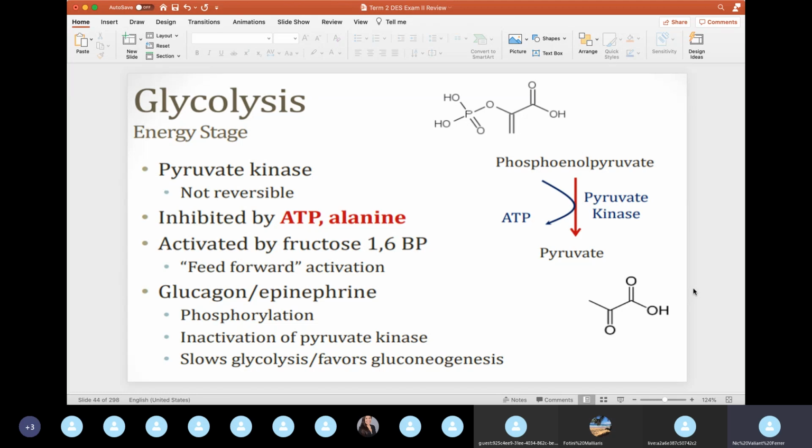Fed state, increase in insulin, which decreases cyclic AMP, which decreases protein kinase A, which increases PFK2, which increases PFK1, which increases conversion of your fructose 6-phosphate to fructose 1,6-bisphosphate.